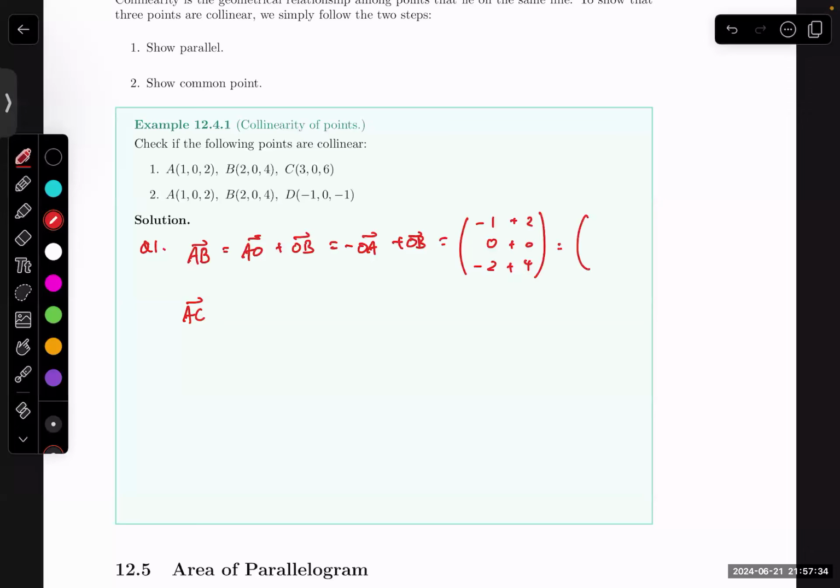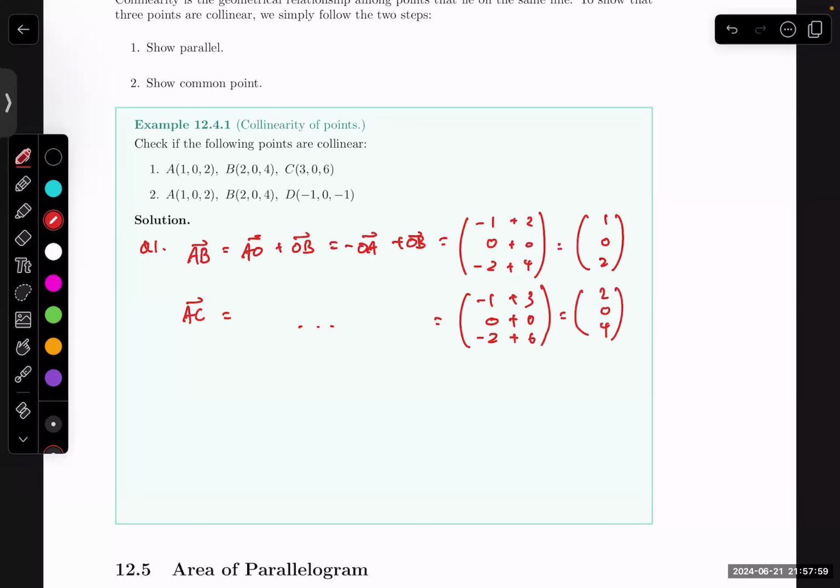So this is 1, 0, 2. Same idea for AC, I can do the same thing, and then I'll get minus 1, 0, minus 2, plus 3, 0, 6. And this will be 2, 0, 4.